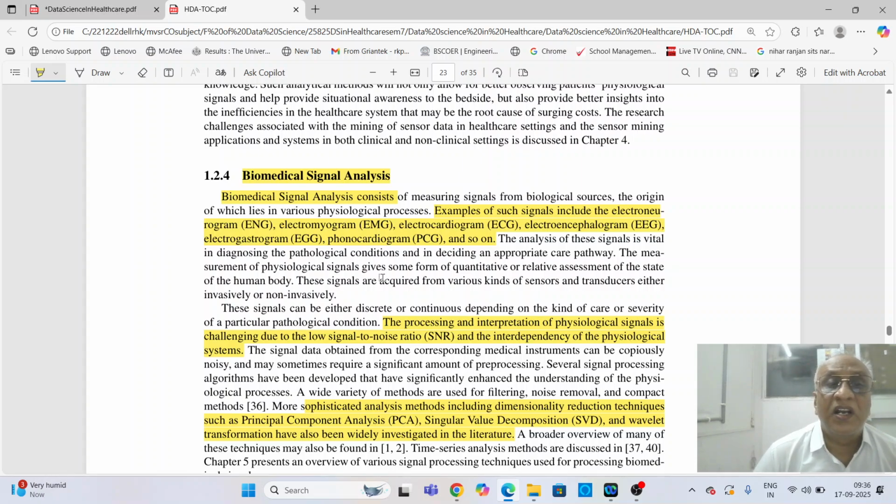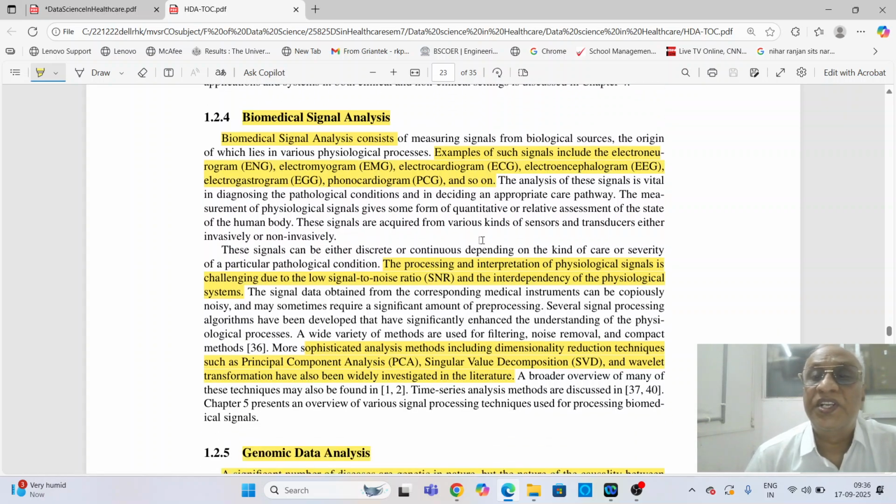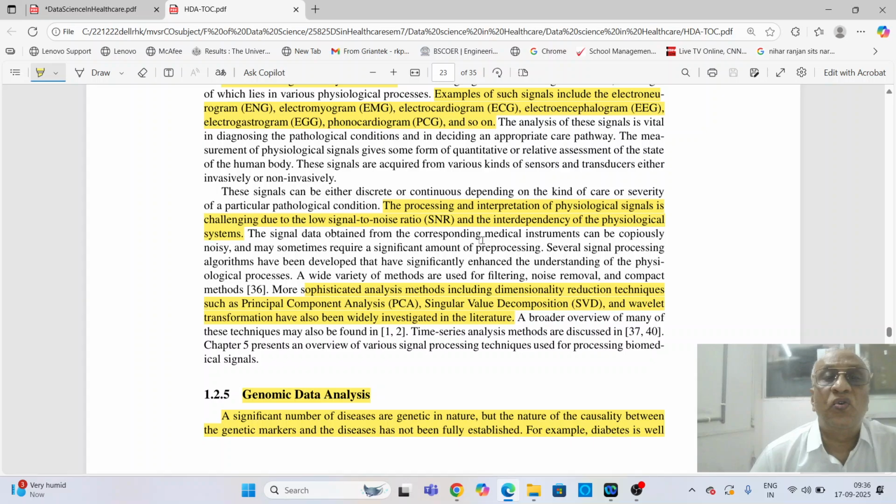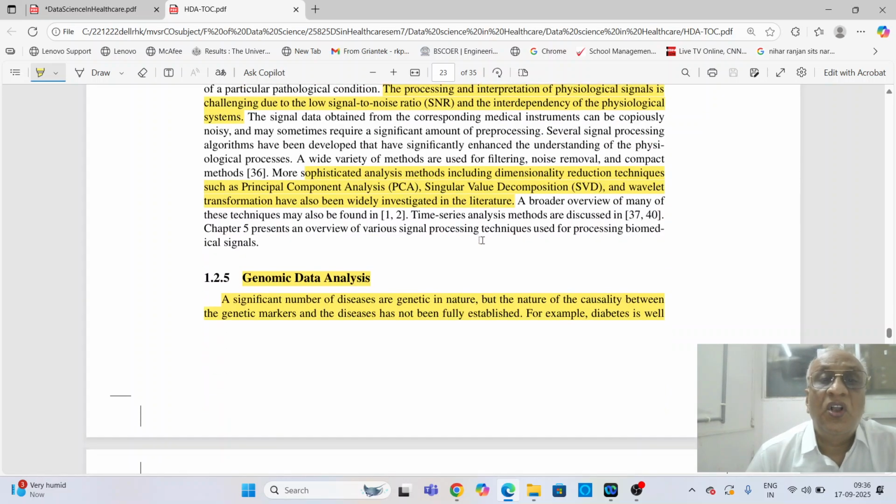The next healthcare data source is biomedical signal analysis. The examples are ENG, electroneurogram; EMG, electromyogram; ECG, electrocardiogram; EEG, electroencephalogram; EGG, electrogastrogram; and PCG, phonocardiogram. The processing and interpretation of these signals is challenging due to low signal-to-noise ratio and interdependency of physiological systems.